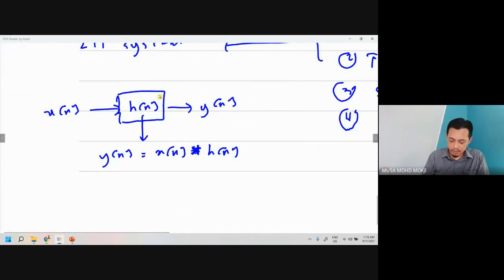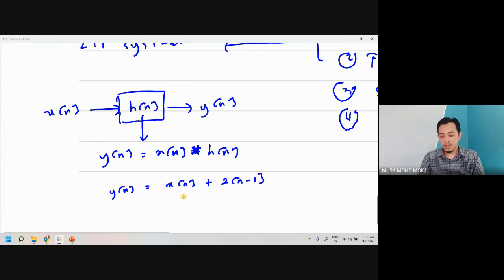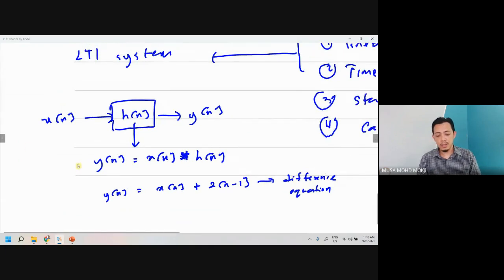Let's say we have the example y[n] equals x[n] plus 2x[n-1]. What is this? This is what we call a difference equation. Because this is a special LTI system, even this equation has a name. It is called a difference equation.